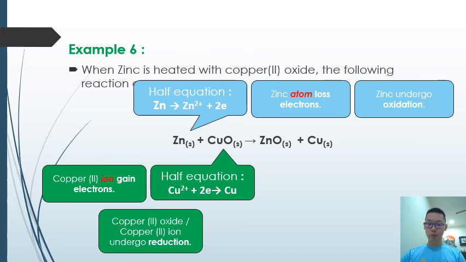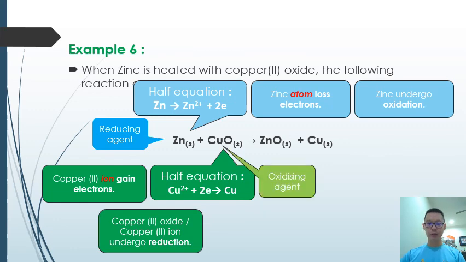So copper 2 ions undergo reduction. Zinc acts as a reducing agent because zinc has reduced copper 2 oxide to copper. Copper 2 oxide acts as an oxidizing agent because copper 2 oxide oxidizes zinc to zinc ion.